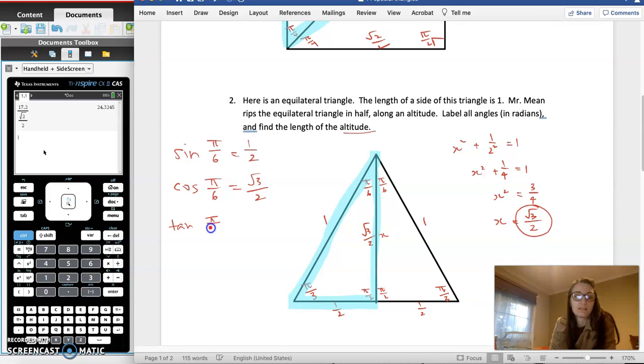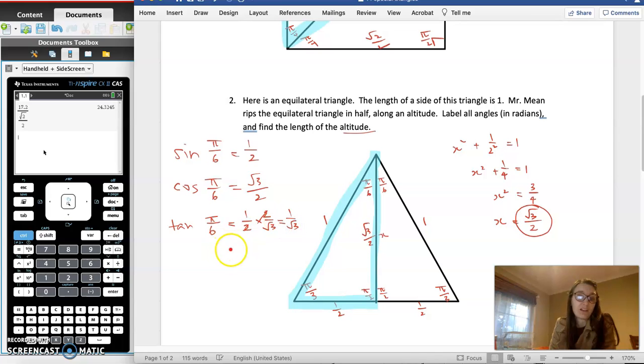Tan of pi on 6, here's my pi on 6, opposite over adjacent, 1/2 divided by root 3 on 2. That is the same as times by 2 on root 3, so those 2's cancel, and we're left with 1 on root 3.